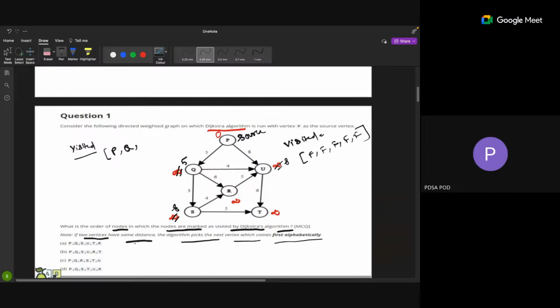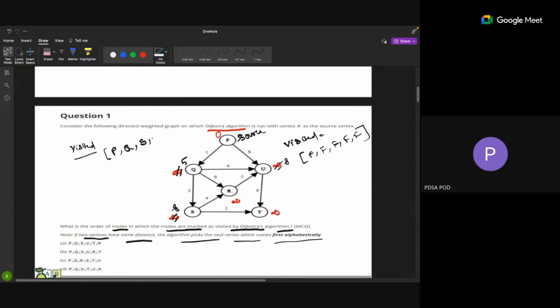Is it right? But P to U is 8, and P to S is 8, so which one do you choose? Based on the note, you need to follow alphabetical order, because S is before U. So definitely we select S.